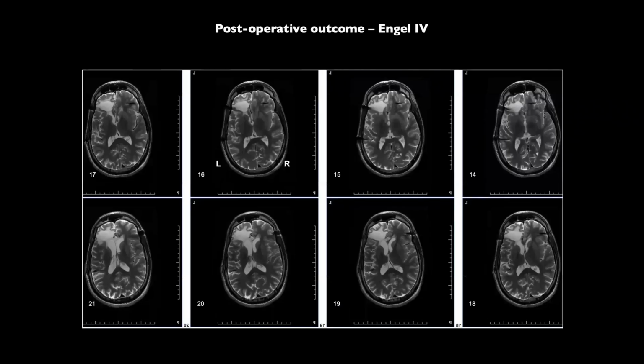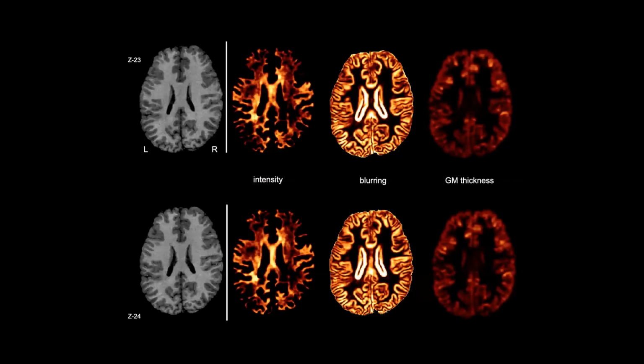This is the MRI after the first operation. Unfortunately, the post-surgical outcome was unfavorable and the patient continued to have the same type of seizures. These are 2 adjacent axial T1 weighted MRI cuts and their corresponding texture maps.